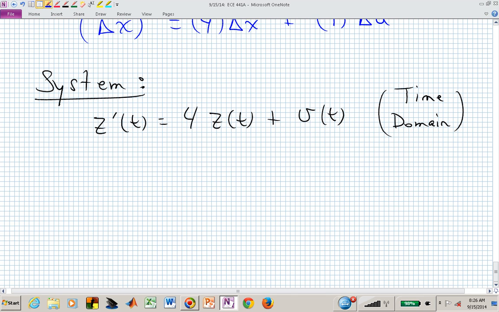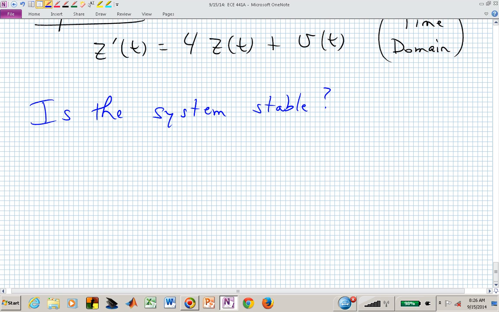I could say, is the system stable? And now you're going, I don't know, that was a time domain. Well, what are we looking for in stability? What do we need to happen for our system to be stable?